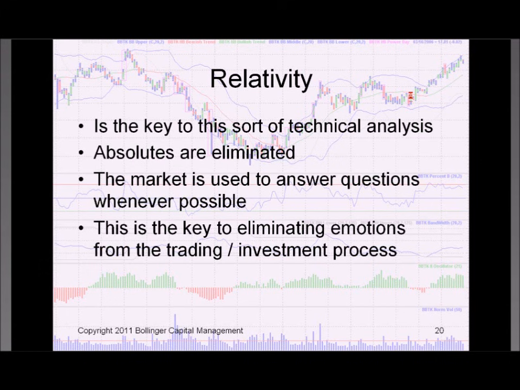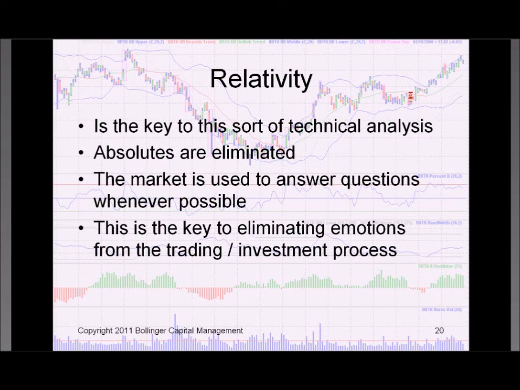A top formation that occurs relatively low in the price structure is probably not going to be of much use to you. And a bottom formation that occurs relatively high in the price structure, again, is probably not going to be very much use to you. But by using Bollinger Bands, you can quickly sort that out.